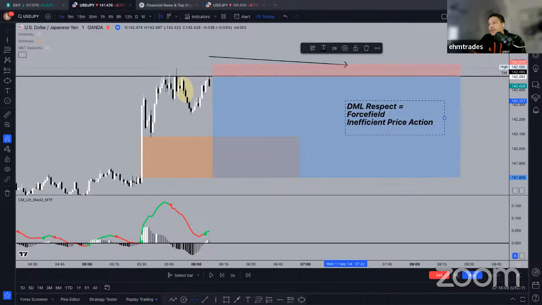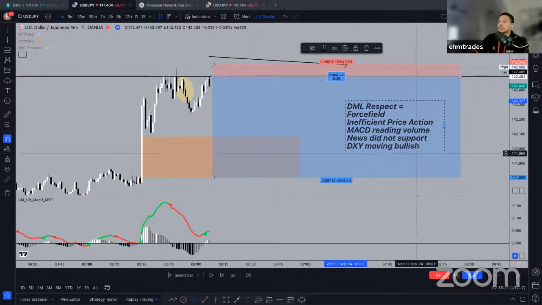We have MACD reading the volume, and then we have news that did not support the DXY to move bullish.